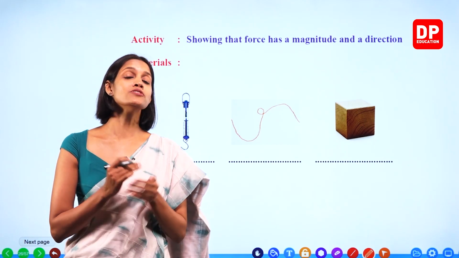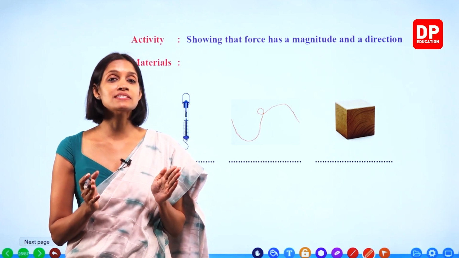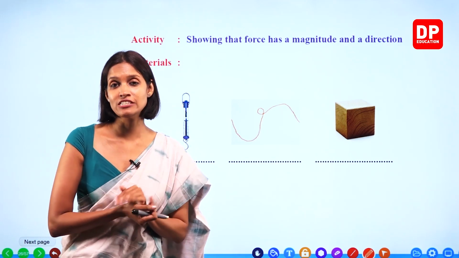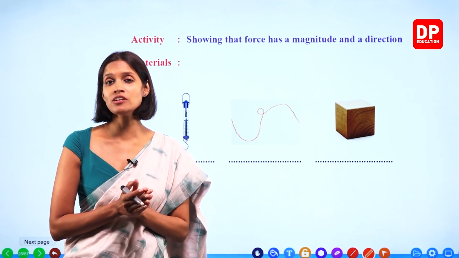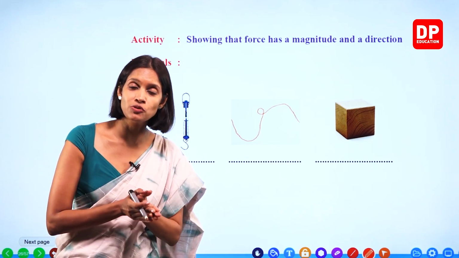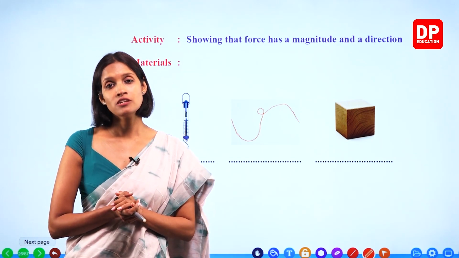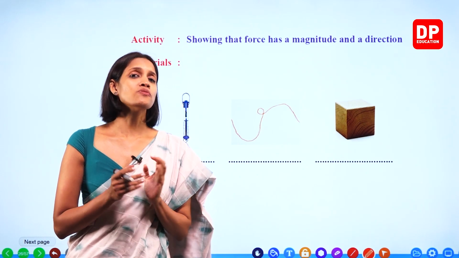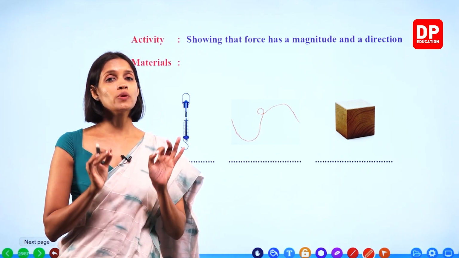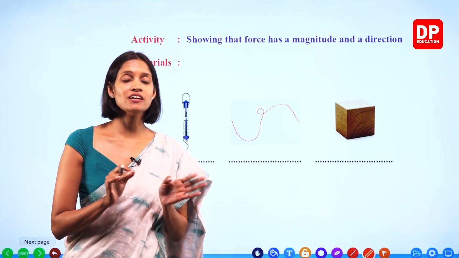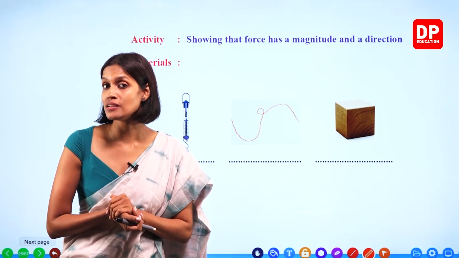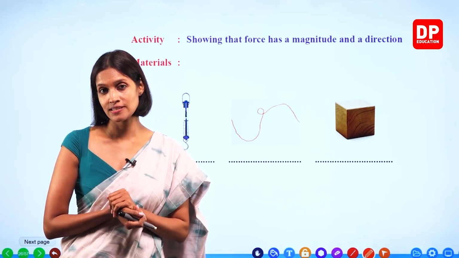Distance has an amount, but distance does not have a definite direction. But displacement has both magnitude and a definite direction. Right, children? So we gave a name to quantities with a definite direction and a magnitude. What was that name? Vector quantities.